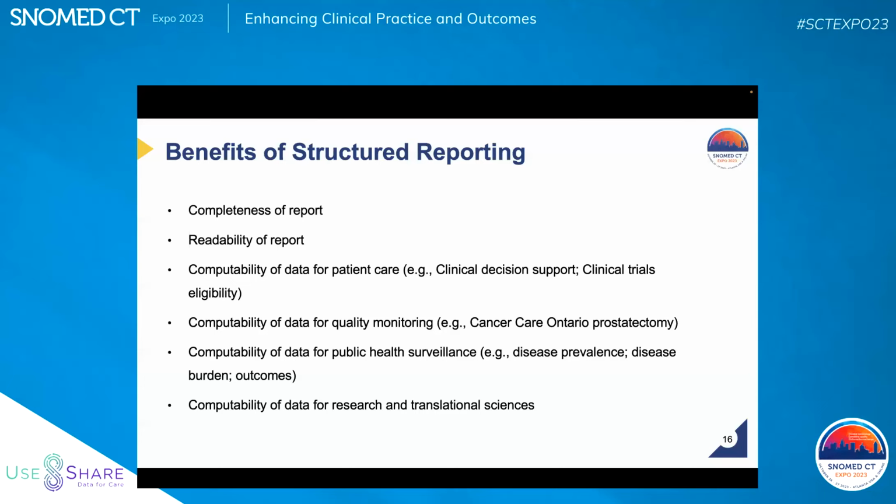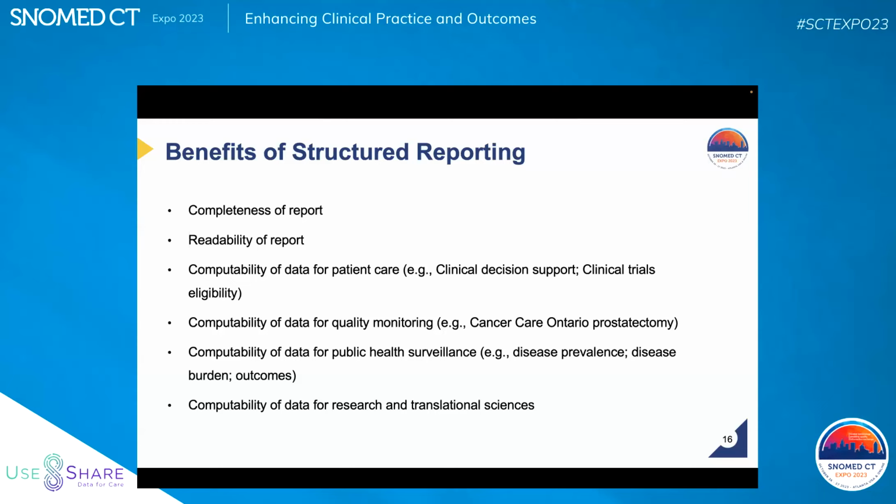Using structured data, we were able to find out which hospital in the province, down to the physician, was not following current practice, and so they were able to train this person. This person was overcalling cancers, resulting in too many radical prostatectomies. So it was a way for quality to be assessed in addition to clinical data.